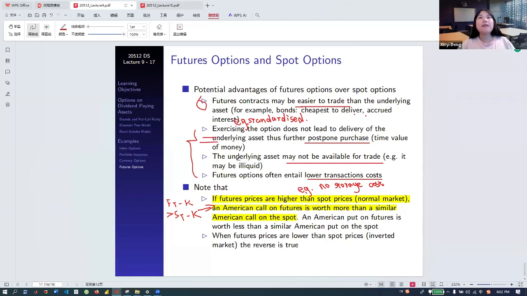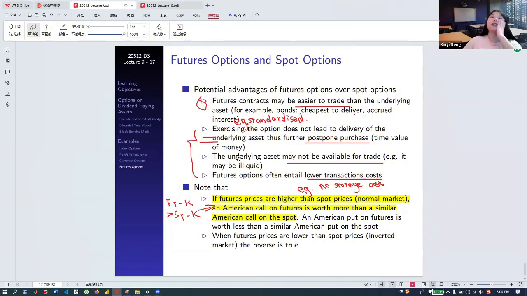And the third bullet point: the underlying asset may not be available for trade. Think about the underlying assets, like the soybeans I mentioned. They are commodities, right? Commodities are usually traded in very, very large sizes, so the market tends to be illiquid compared to the futures or options markets themselves.